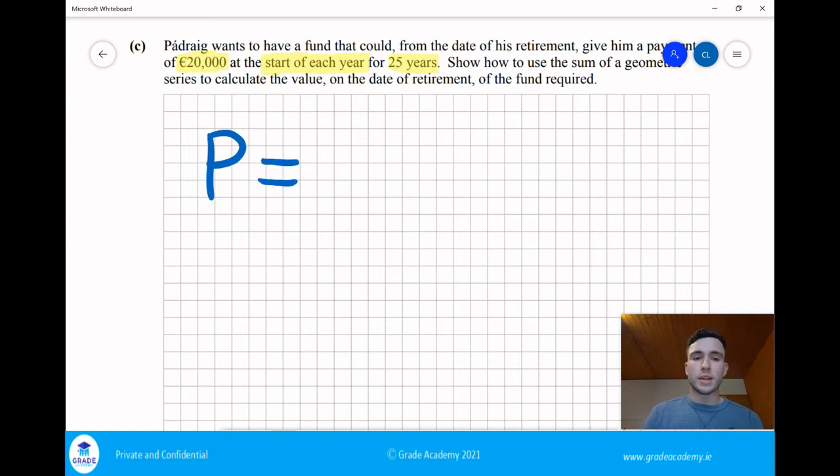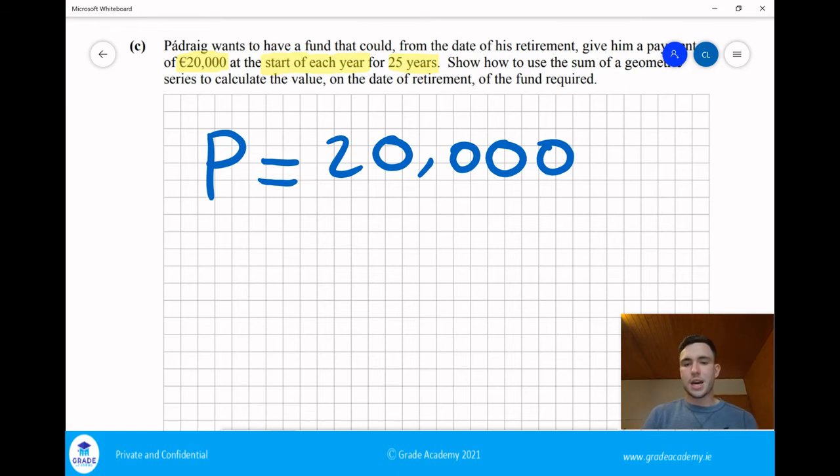And what's going to happen is every year he's going to take out €20,000 out of this pension fund, and that is going to last for 25 years. Okay, so because it is the 1st of January 2021, and he takes out €20,000 at the start of each year, is there going to be any interest on this €20,000 when we bring it back to the present moment?